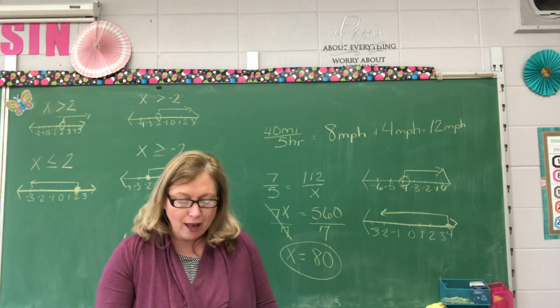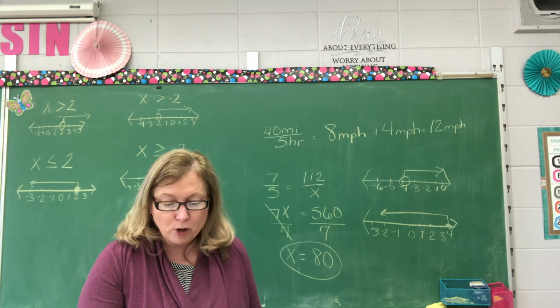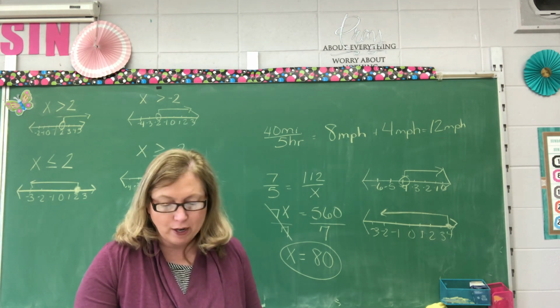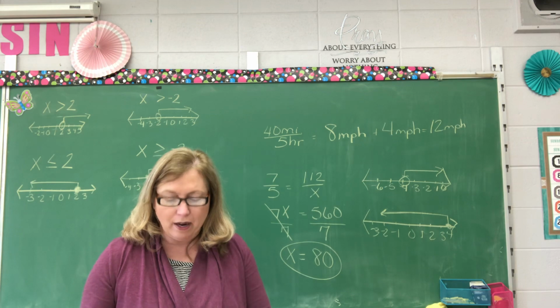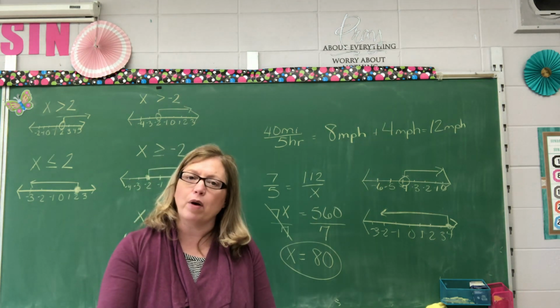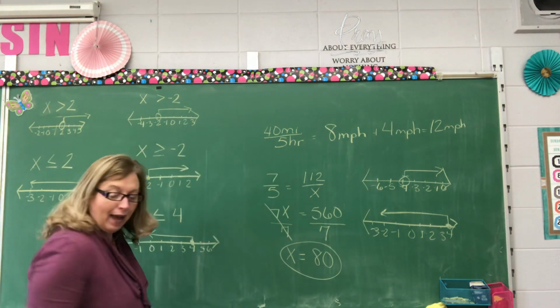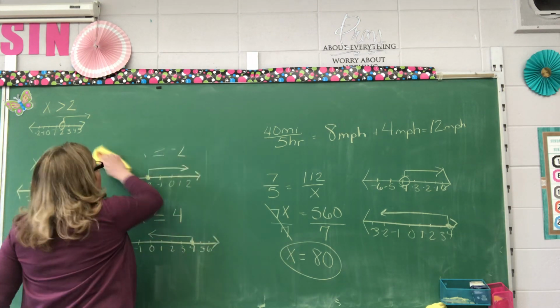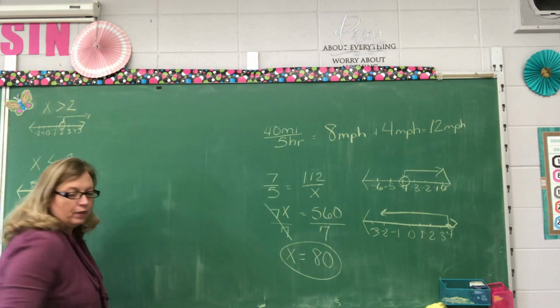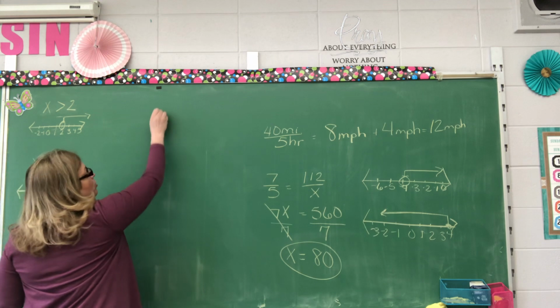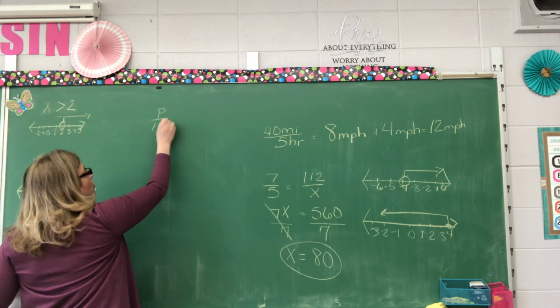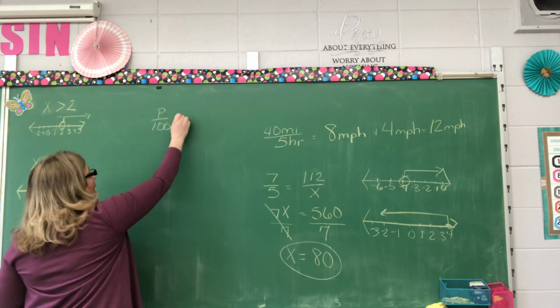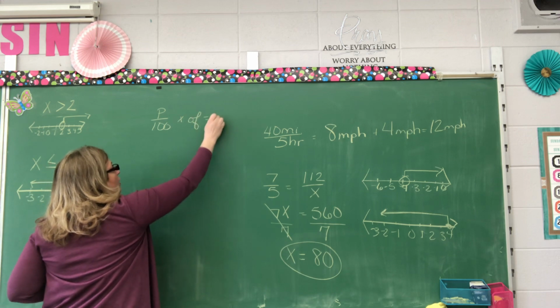Okay, number 7 says 60% of 48 is what number? How am I going to solve that? Well, what's my pattern? If you remember, the pattern was the percent over 100 times the of equals the is.